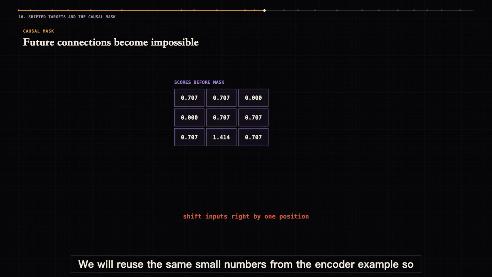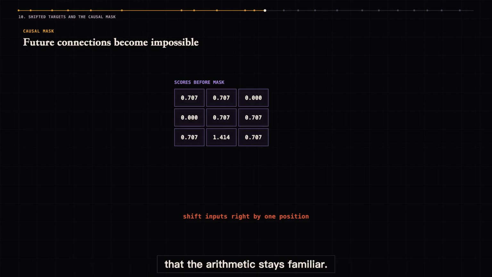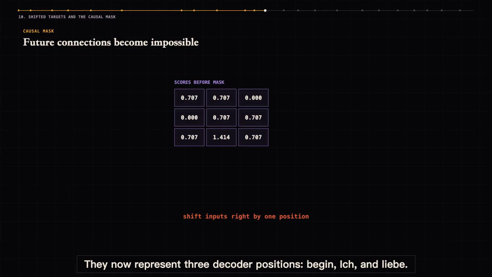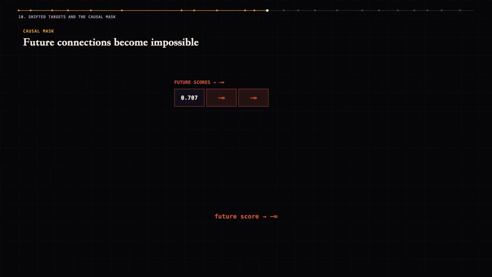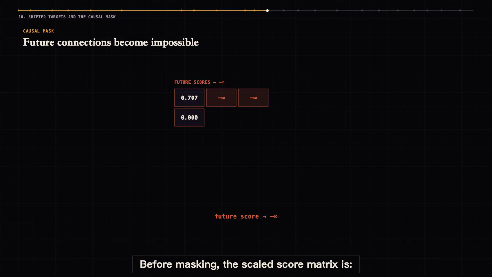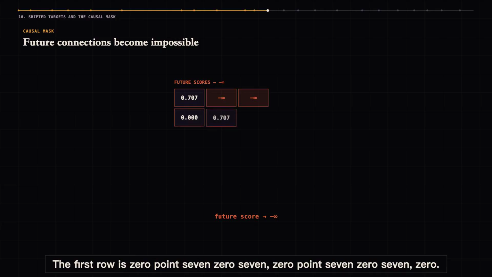We will reuse the same small numbers from the encoder example so that the arithmetic stays familiar. They now represent 3 decoder positions: begin, ich, and Liebe. These are new teaching rows, not the encoder's Q, K, or V tensors. Before masking, the scaled score matrix is: the first row is 0.707, 0.707, 0.